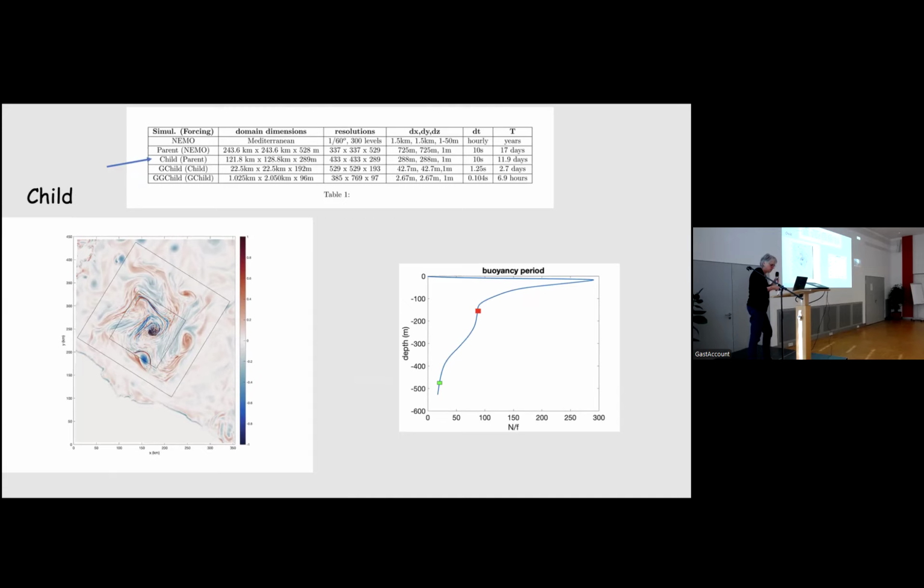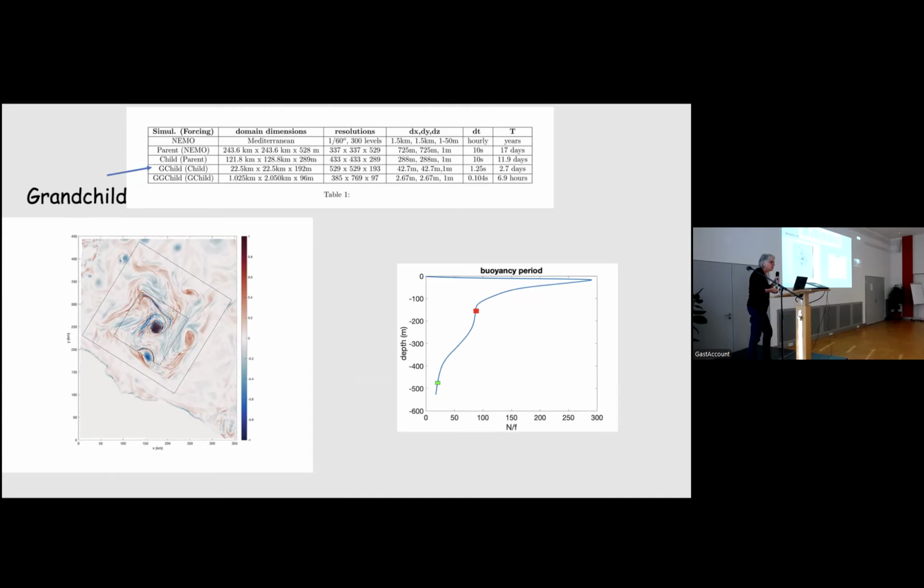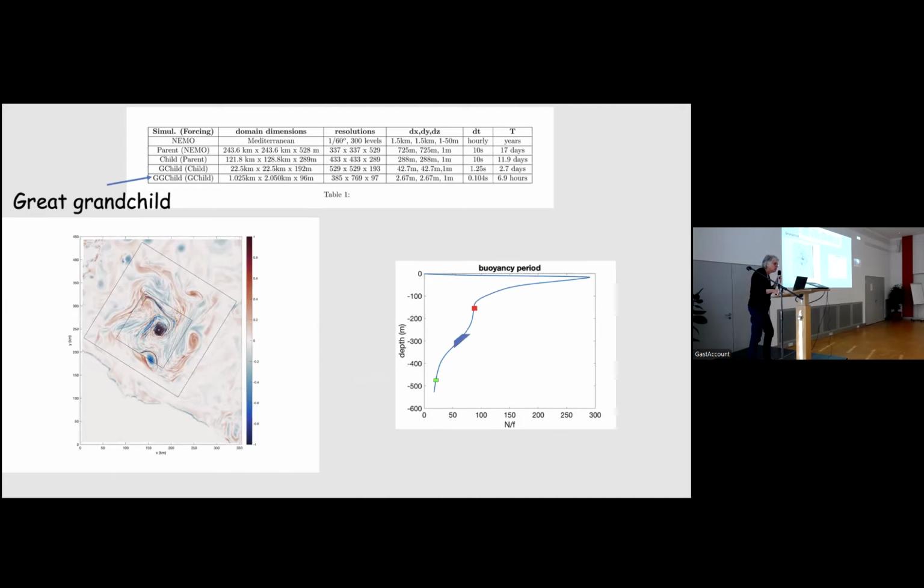Okay, so there's the child. The grandchild now. Now we're down to horizontal resolutions of 43 meters and still 1 meter in the vertical. Our time step is now 1.25 seconds, so we can't run indefinitely with those time steps. More and more structure appears. And finally, the great grandchild is that little dot.